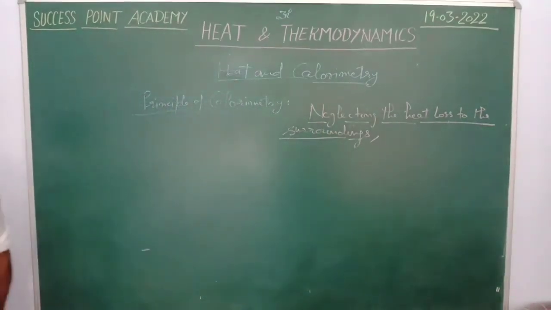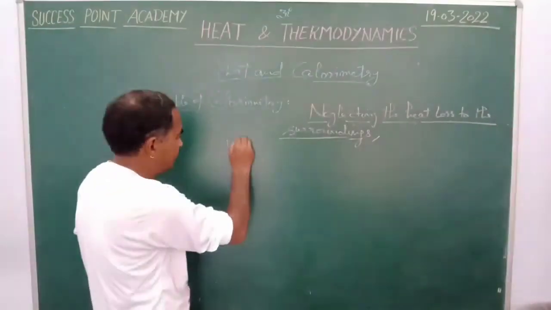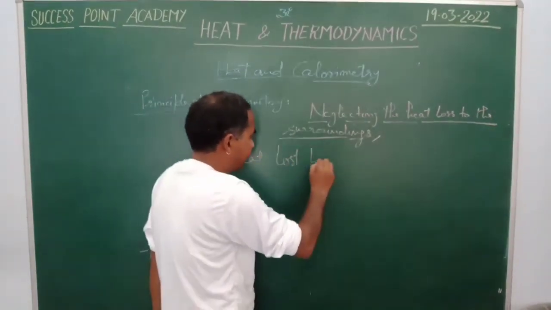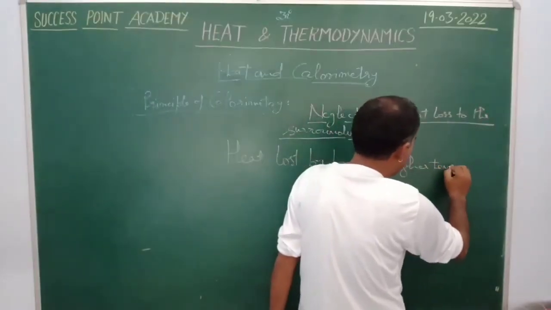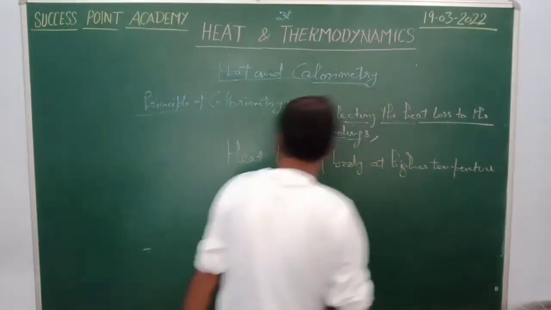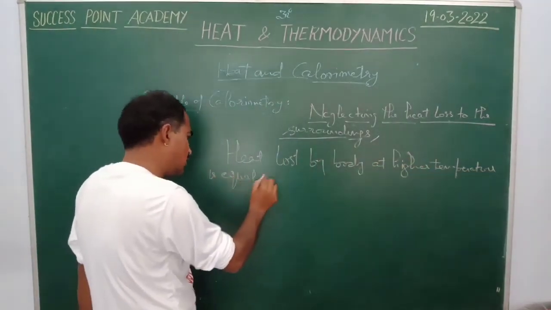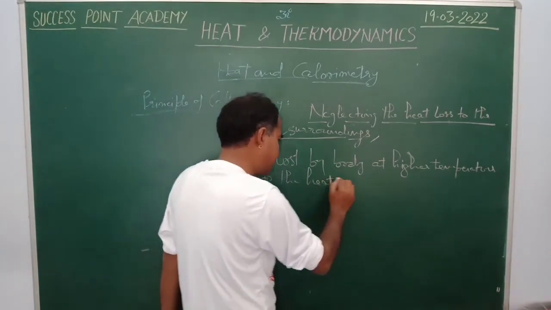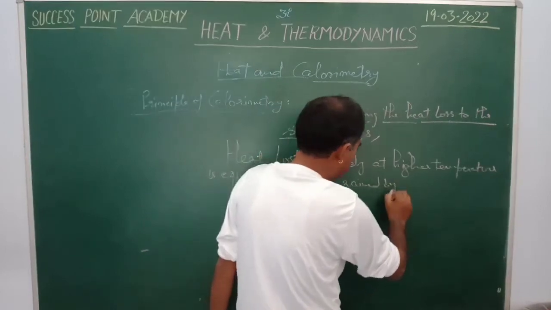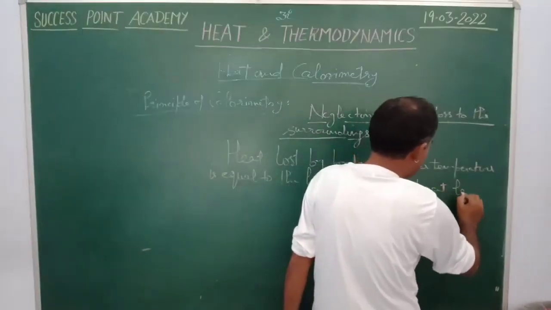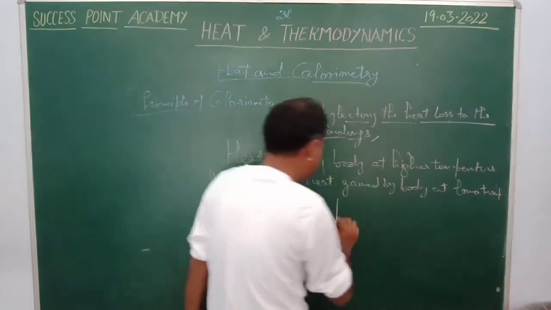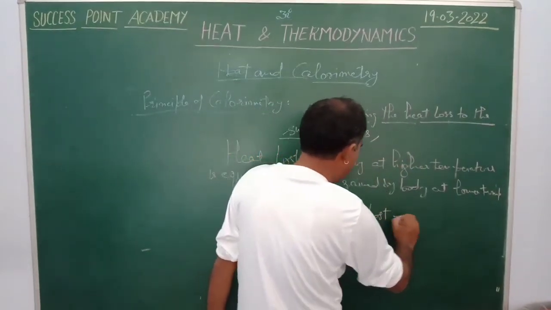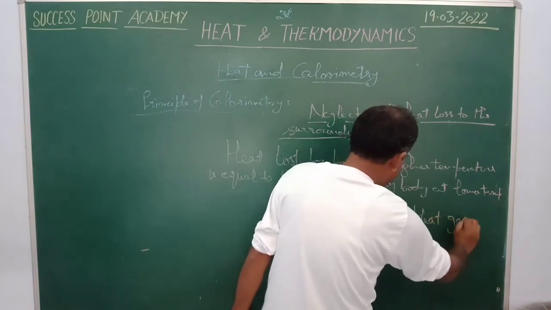So neglecting the heat loss to the surroundings, heat lost by the body at higher temperature is equal to the heat gained by the body at lower temperature, or simply you can say heat lost is equal to heat gained by the body.